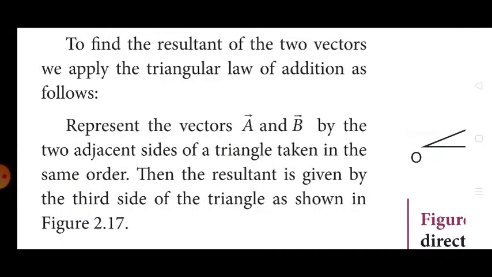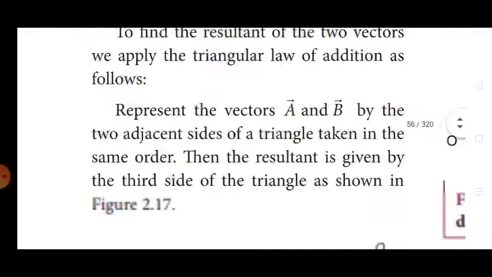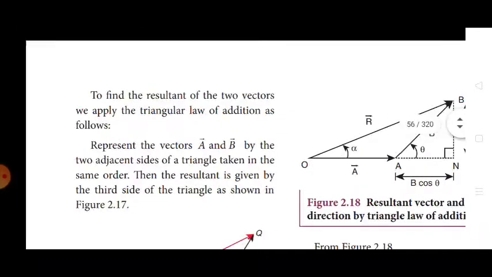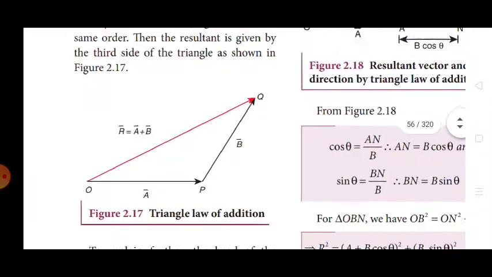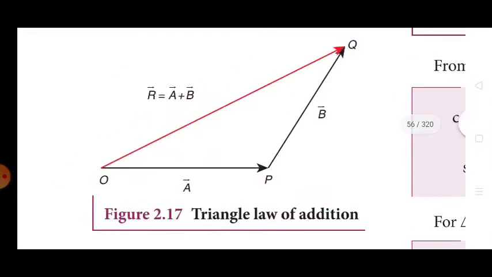If A vector and B vector are represented by the adjacent sides of a triangle taken in the same order, then the resultant is given by the third side of the triangle, as shown in diagram 2.17. These two vectors are inclined to each other.